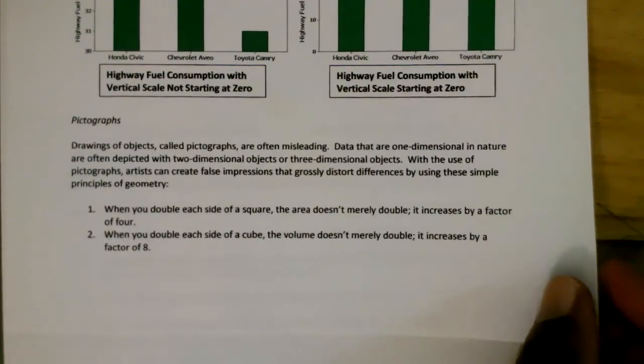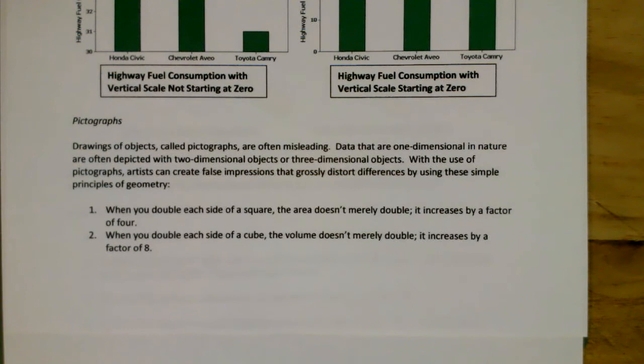Okay. All right, next is a pictograph. This can also be deceiving as well, because in a pictograph, you're drawing objects, and they also can be misleading, as I mentioned. Data that are one-dimensional in nature are often depicted with two-dimensional objects or three-dimensional objects.